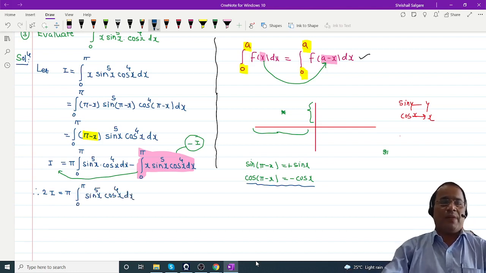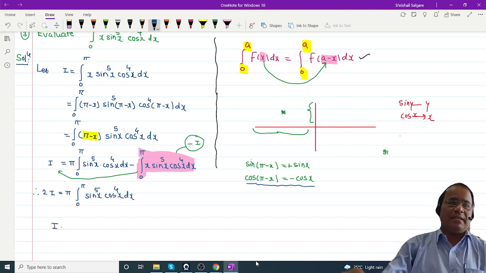Therefore I can be written as pi by 2 integral 0 to pi sine of x raised to 5 into cos of x raised to 4 dx.